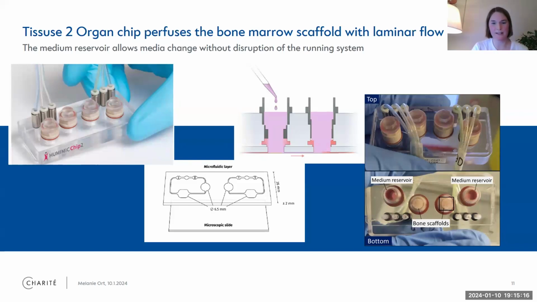You can perfuse that, as you can see here when it's plugged in, but you have two separate circuits on one chip. For us, we add bone scaffold in one, and the other one serves as a medium reservoir. That's pretty cool, because you can just unscrew one lid and do a media change without disrupting the bone that is in the other chamber.